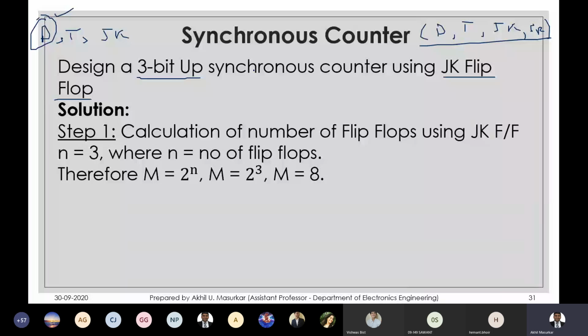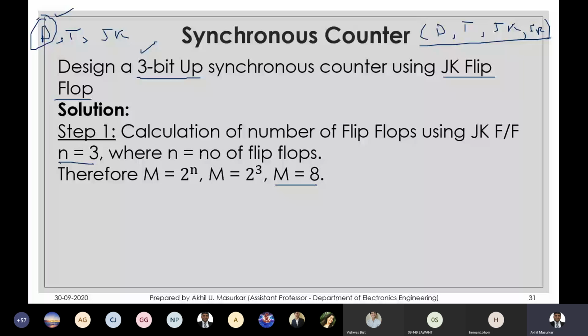So, solution to this problem, step number 1, calculation of the number of flip-flops. 3-bit means straight away my n is 3, and if n is 3, then the number of states that it can count is 8.